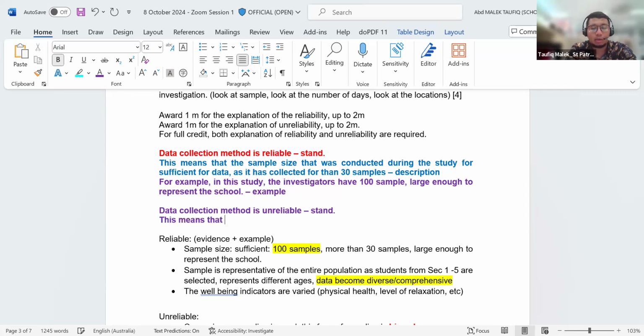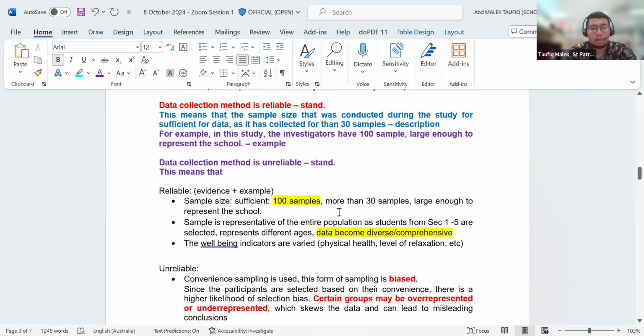This means that the convenient sampling that was conducted is biased, right? And then continue.